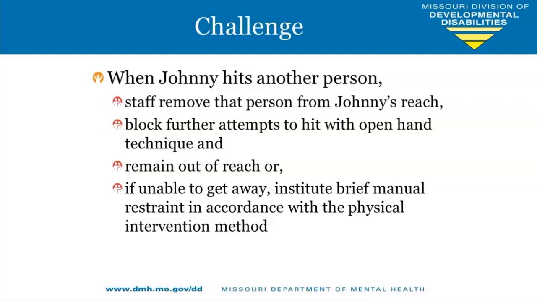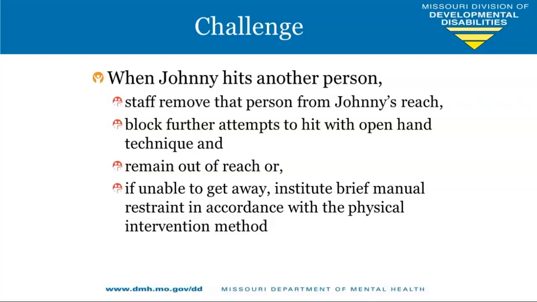There are division-approved physical crisis management strategies that are out there, and staff have to be certified and trained in those. And so if the staff are trained and competent, let's say in NCI or MANT, unless you're specifically ruling out specific strategies they shouldn't do, I'm not really sure it adds a lot of value to rehash the step-by-step how to do a restraint that they already know how to do. You're just basically saying, hey, this is the time to consider using that restraint you already know how to do.